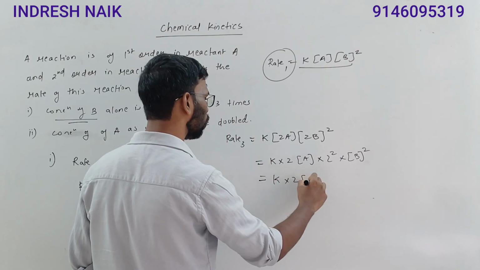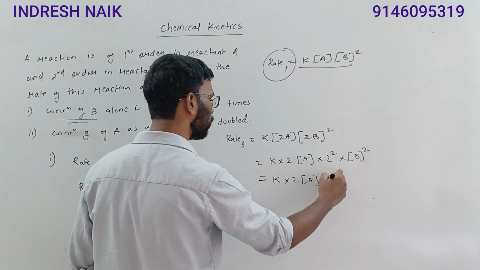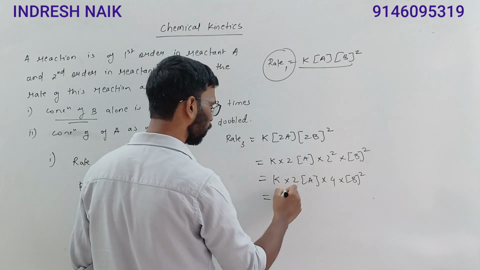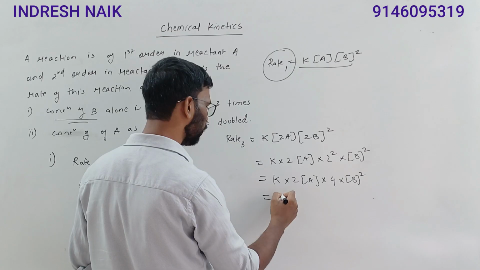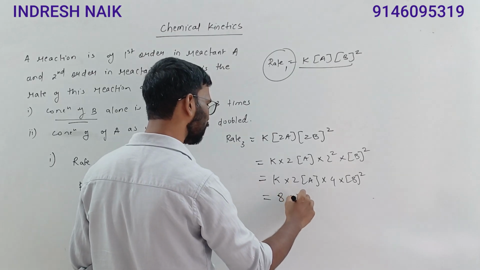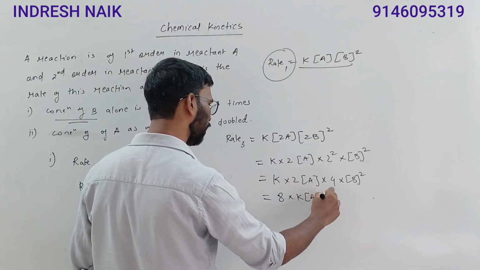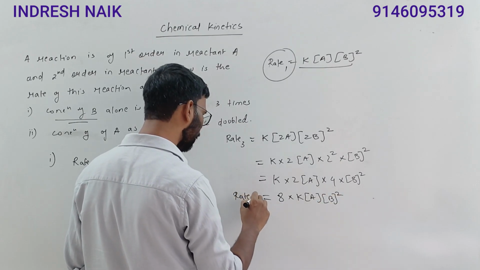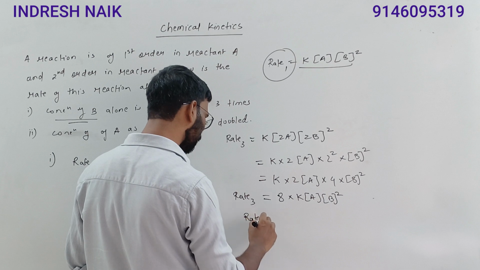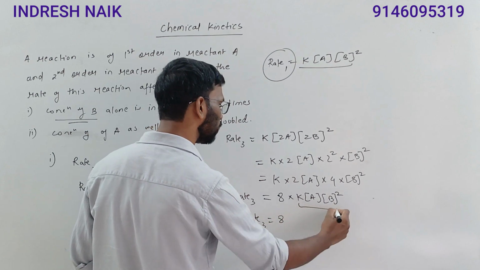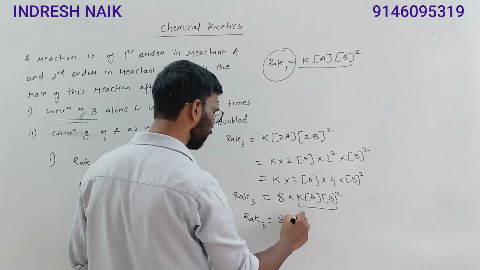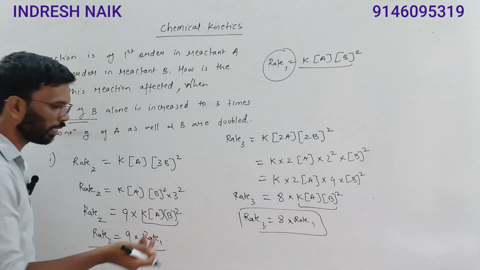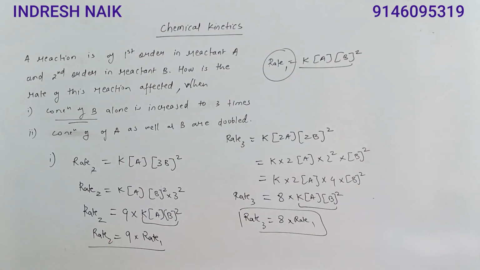K, 2, A. 2 raised to 2 is 4, so this is 4 into 2, which is 8, K, A, B the whole square. So rate 3 is 8 times rate 1. First it is increasing 8 times, and the earlier one was 9 times.